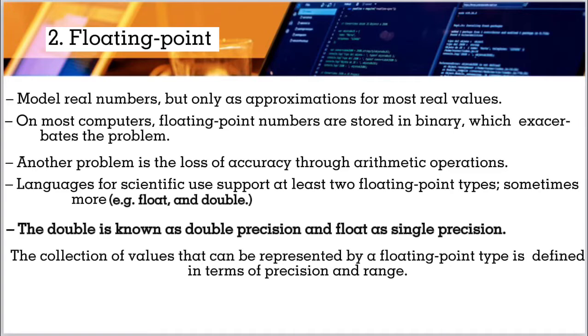Languages for scientific use support at least 2 floating point types, sometimes more: float and double. The double type is twice as big as a float, so double is known as double precision, and float as single precision. Normally, you should use the double type because it is more accurate than the float type. The collection of values that can be represented by a floating type is defined in terms of precision and range.